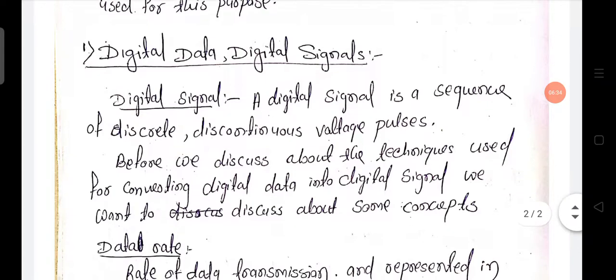The first one is digital data to digital signal. First of all, what is a digital signal? A digital signal is a sequence of discrete and discontinuous voltage pulses.